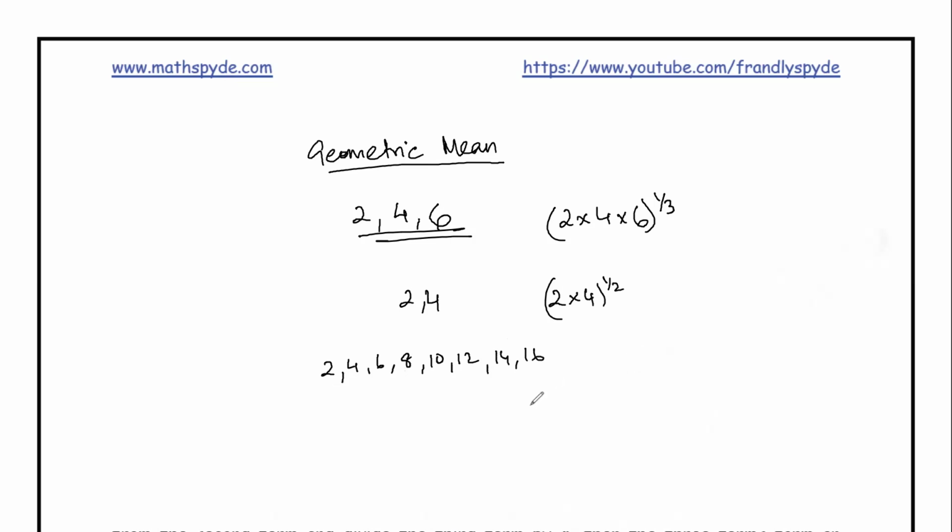Then you multiply all of them, 2 into 4 into 6 into 8 into 10 into 12 into 14 into 16. So there are 8 terms, and then you take the eighth root of it, like this. That'll be your geometric mean, GM.